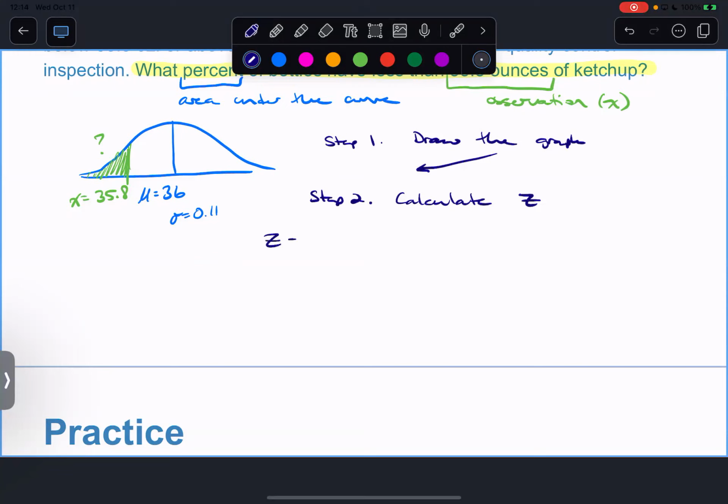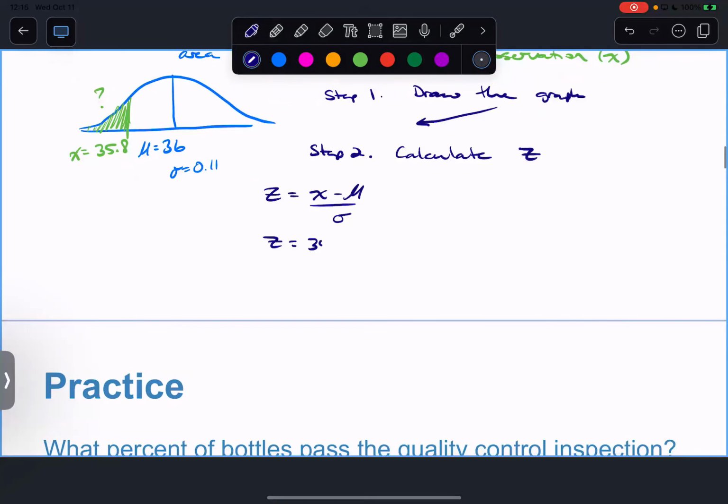From the formula sheet, Z is X minus mu over sigma, which means it's important to keep track of which one is your X and which one is your mu, right? But also kind of logic will dictate that I'm going to have a negative Z score, right? Because I'm expecting 35.8 to be below the mean. So then I have 35.8 minus 36.